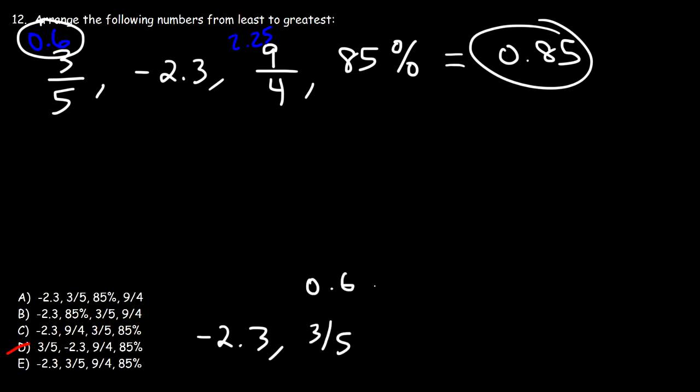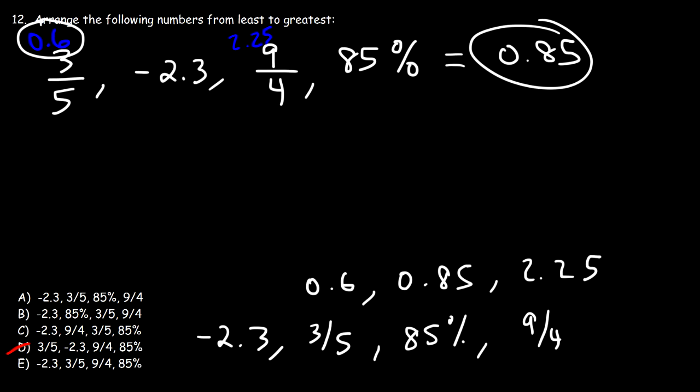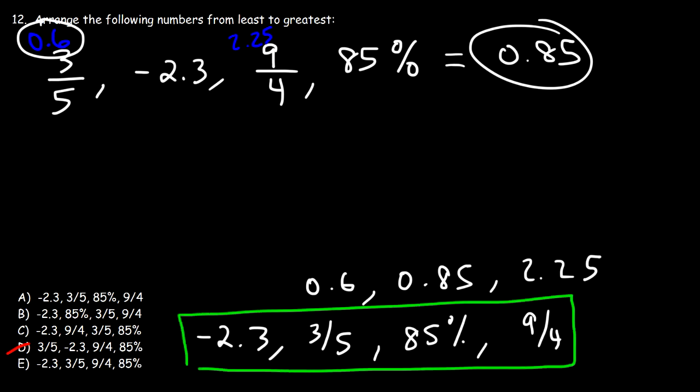And then 0.85 is the next number, which corresponds to 85%. And 2.25 is greater than 0.85. So that's 9 over 4. So therefore this is the answer. So this corresponds with answer choice A.